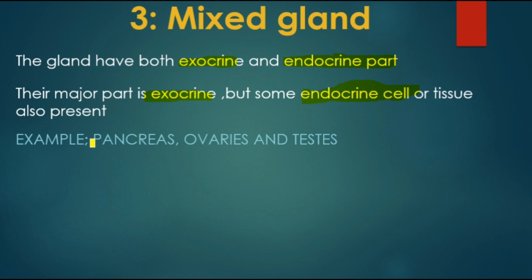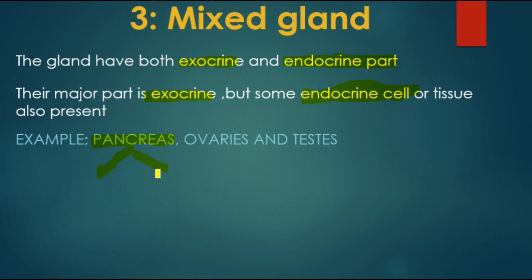Here some examples are mentioned. The first one is the pancreas. The pancreas has both an exocrine as well as an endocrine part. The exocrine part of the pancreas is involved in the digestive system, as it is responsible for the digestion of food, while the endocrine part of the pancreas is responsible for the regulation of glucose level in the blood.